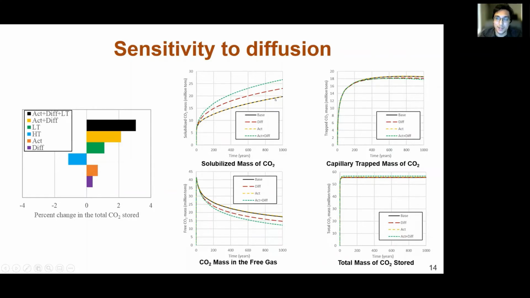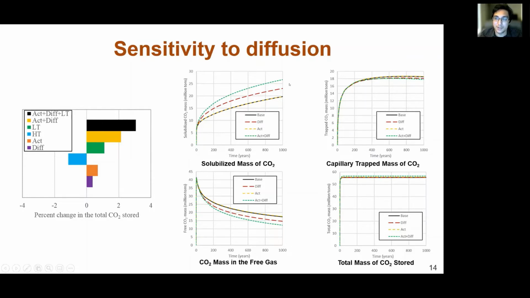But if we look at what happens for each individual mechanism, for example, here, how the solubilized CO2 evolves over time, right? We're going to see that the base case, and the case with all cells active but not having molecular diffusion, have no difference between them.